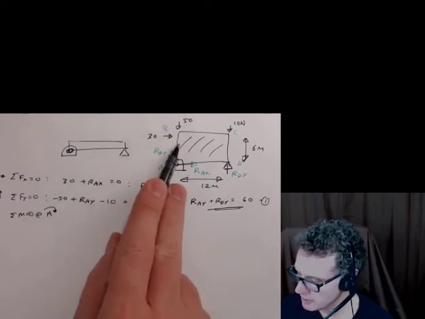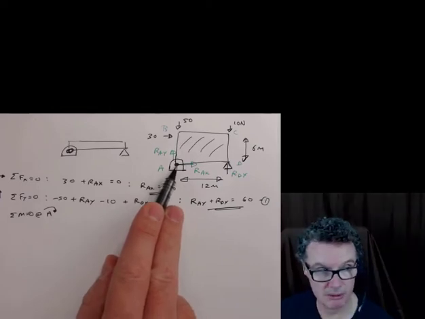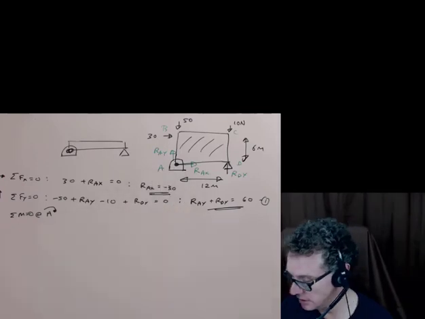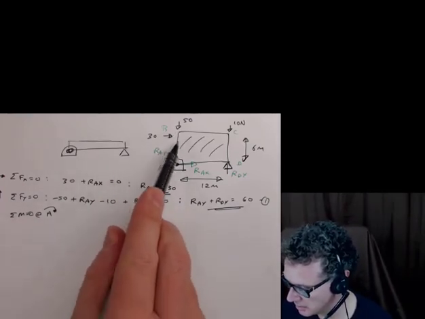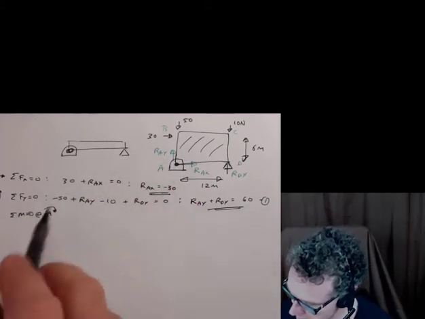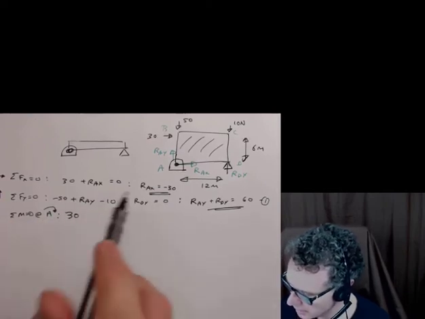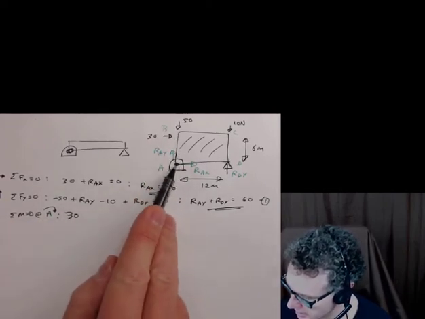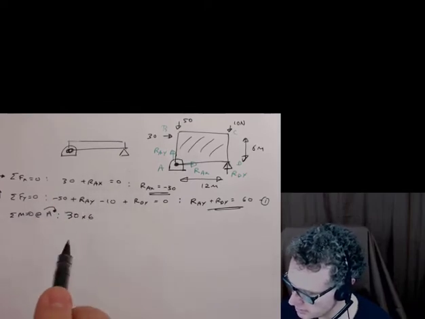So if it points straight through the pivot that you're taking your moments about, it's not going to create a moment. This one here, this 30, it's going to be a right angle. So it's going to be clockwise. So we've got 30. Distance from here to here is 6. So it's a plus 30 times 6.